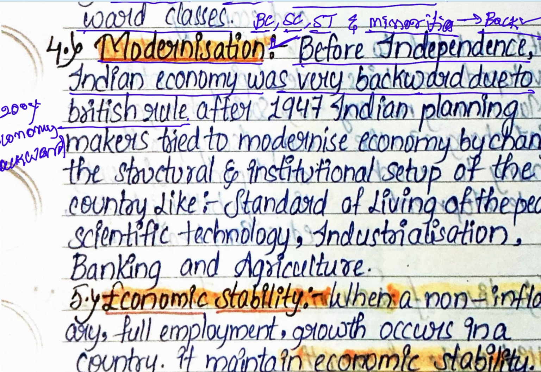Due to that, our nation was economically very backward. That's why there was no economic development before independence. After 1947, after achieving independence, the Indian Planning Commission or Indian planners tried to modernize our economy.